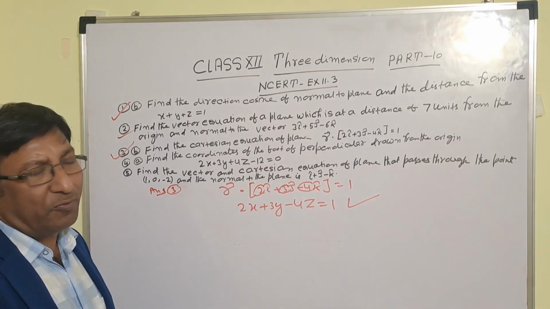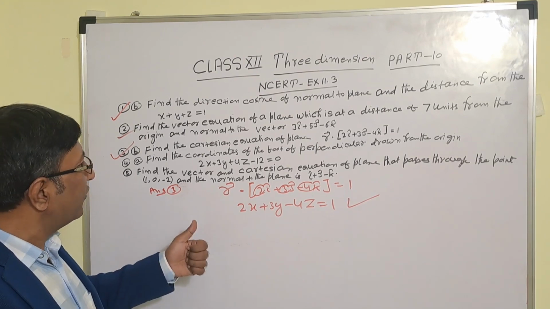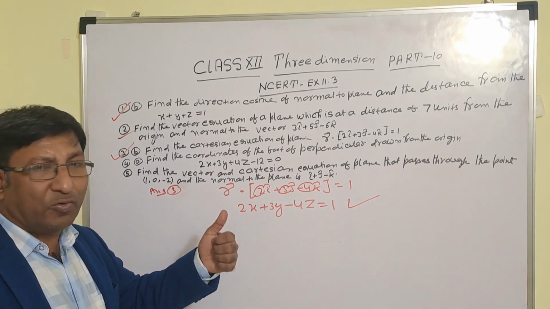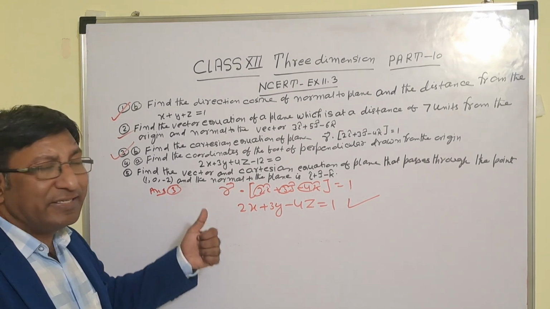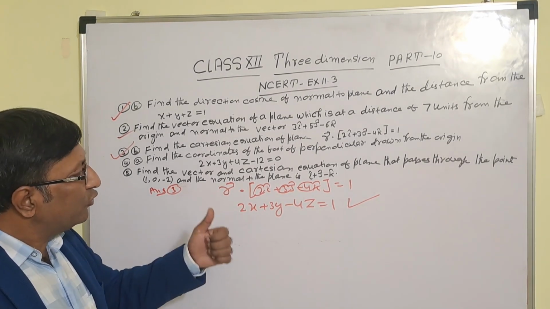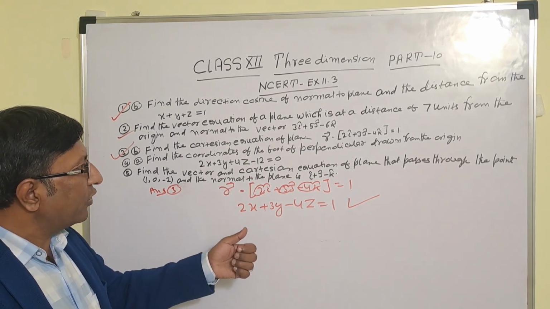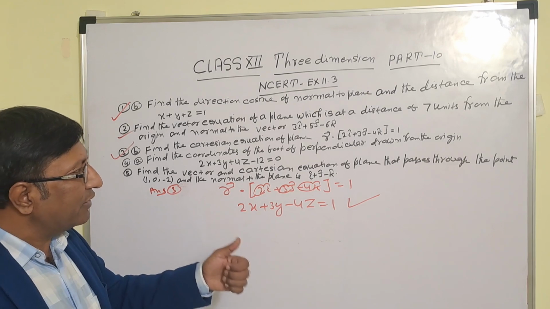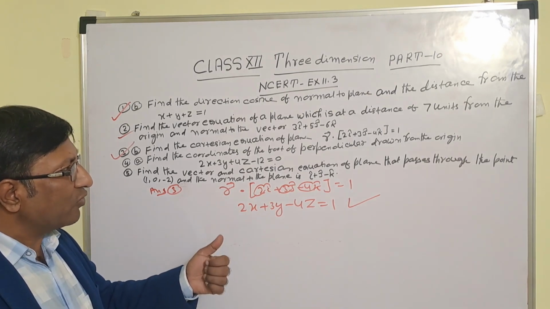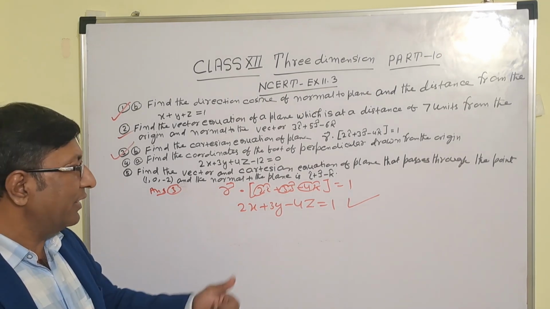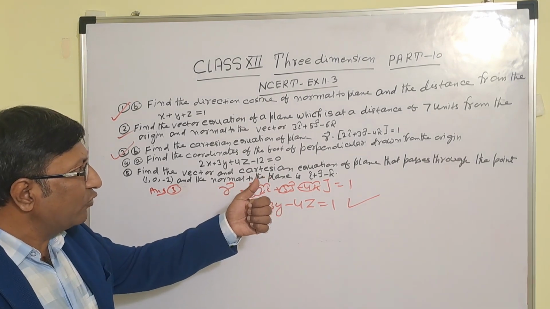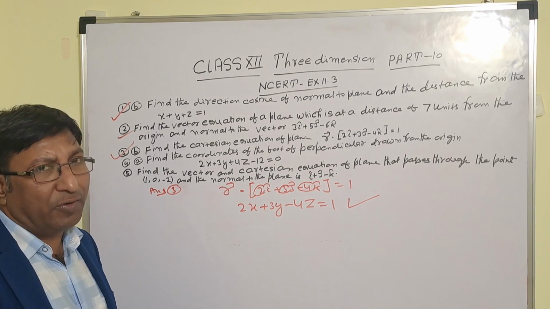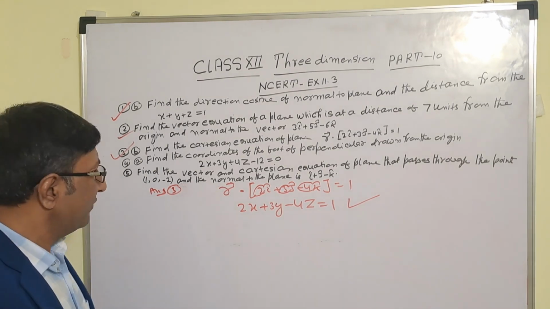This is the required equation. So this is a model question. Any question given in the plane r dot vector equal to 1, and you have to find the Cartesian equation, then just use the formula: coefficient of unit vector i x plus coefficient of unit vector j y plus coefficient of unit vector k z. So here the coefficients are 2, 3, minus 4. So 2x plus 3y minus 4z equal to 1. This is the required equation.